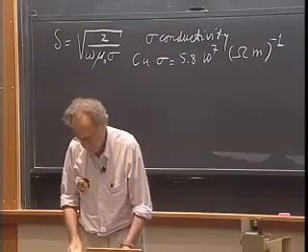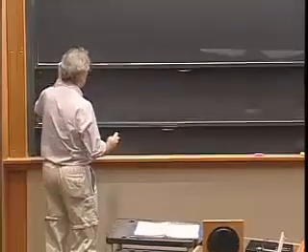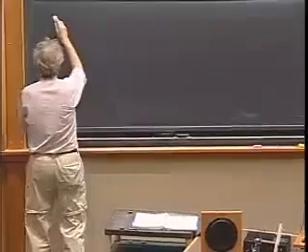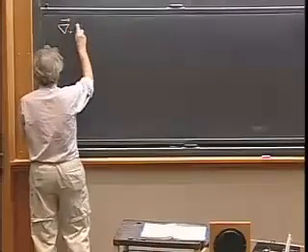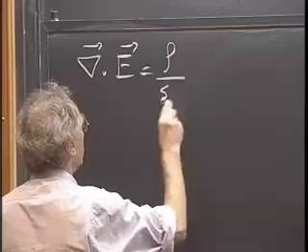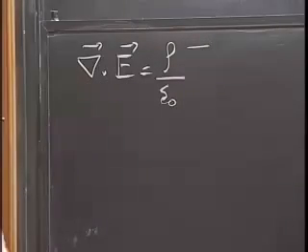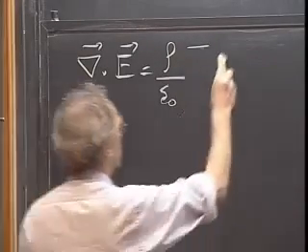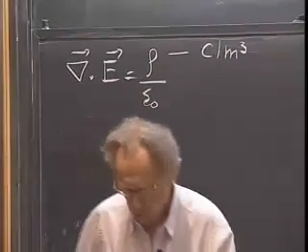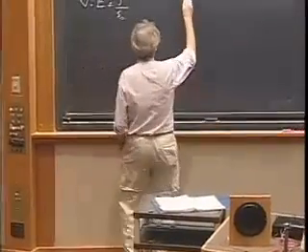So I want to start now deriving the boundary conditions, and I will start with the first Maxwell equation, which is the divergence of E equals rho divided by epsilon 0, whereby rho is the volume charge density, in coulombs per cubic meter. You should remember this from your 802 days. I will write it in integral form.